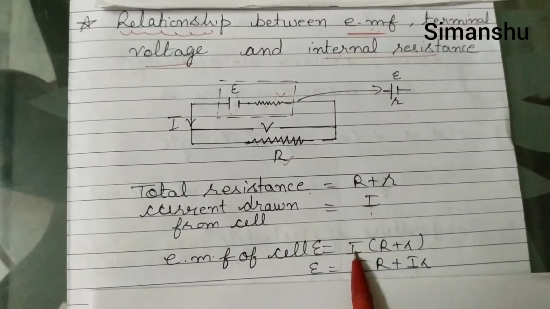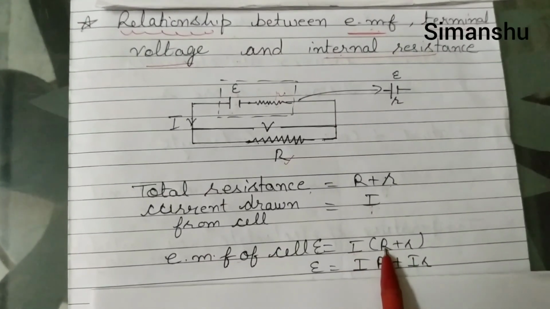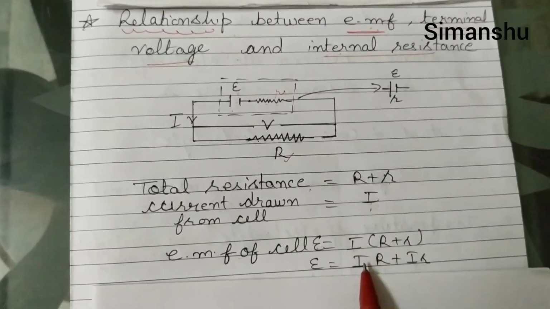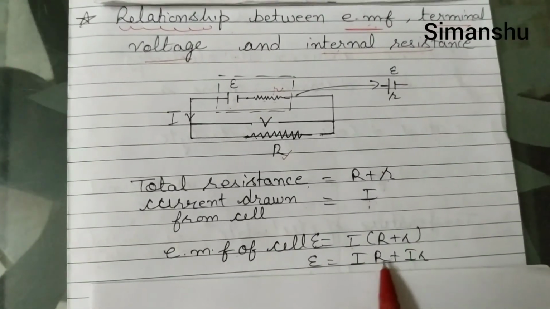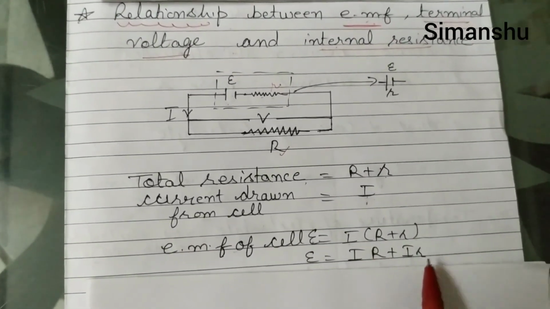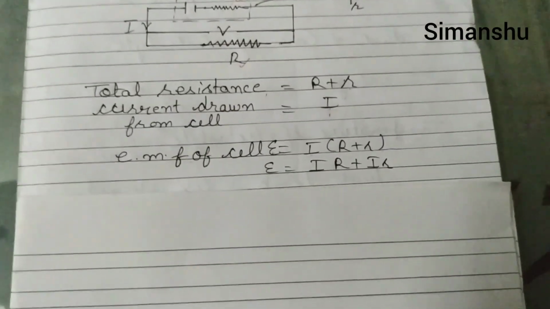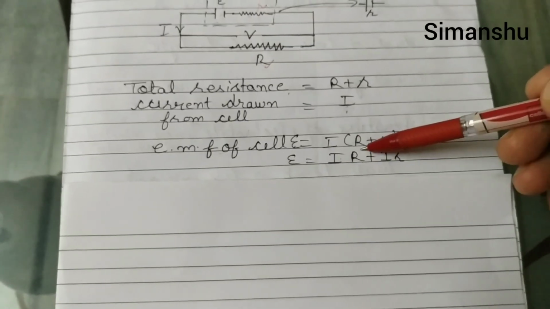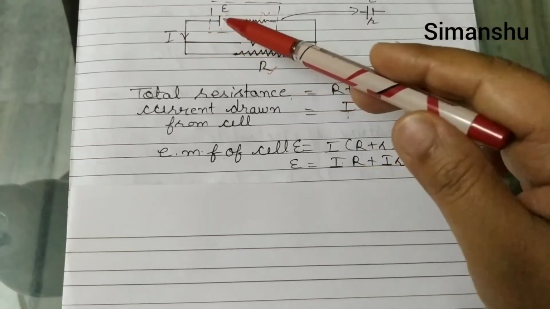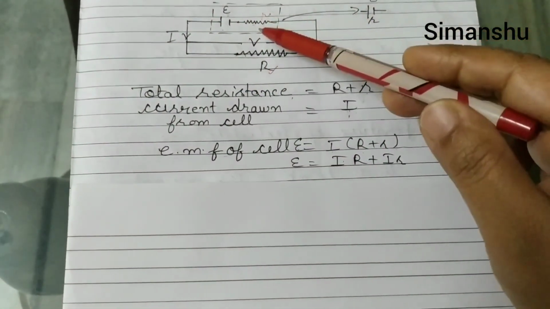On multiplying this I with capital R and small r, the internal resistance, we get IR plus Ir. Here I is the current and R is the resistance outside the cell.